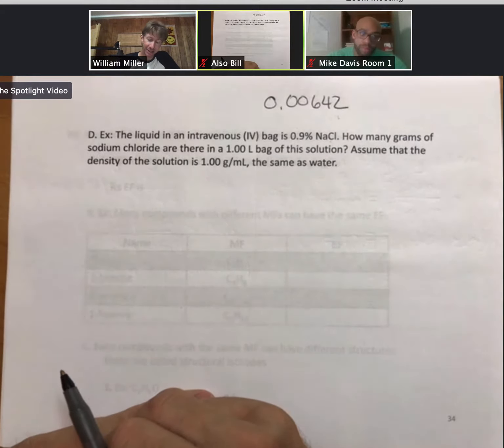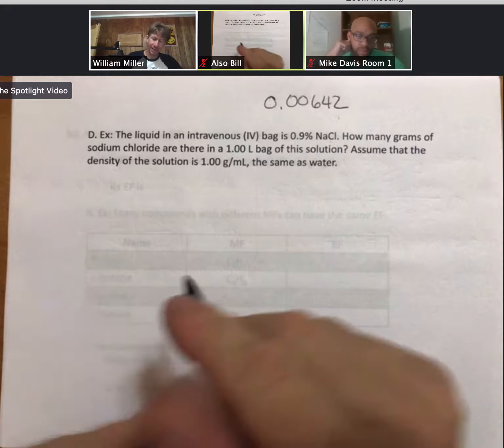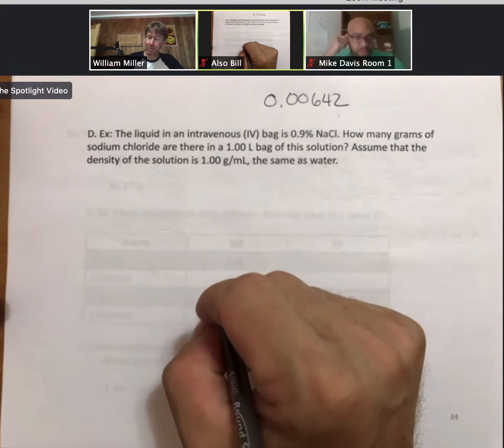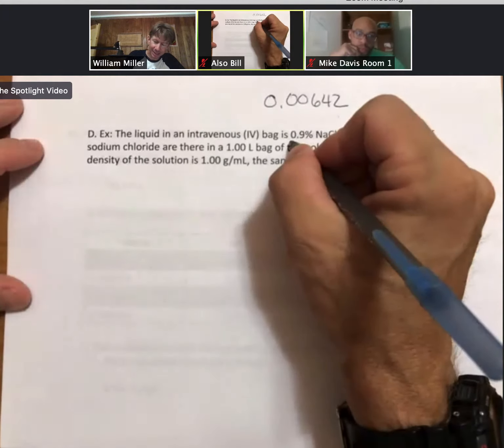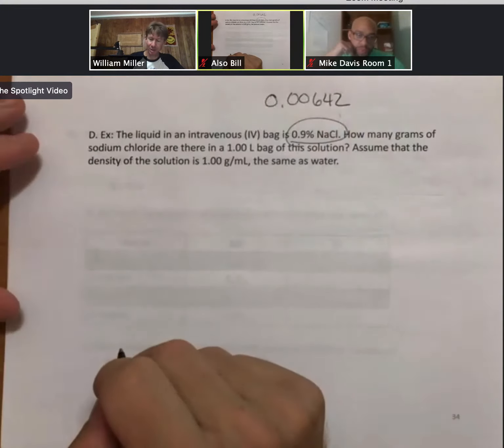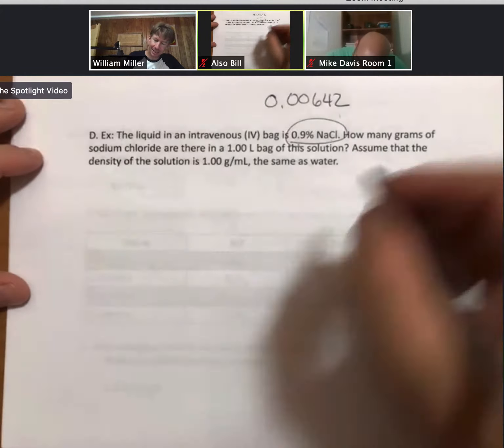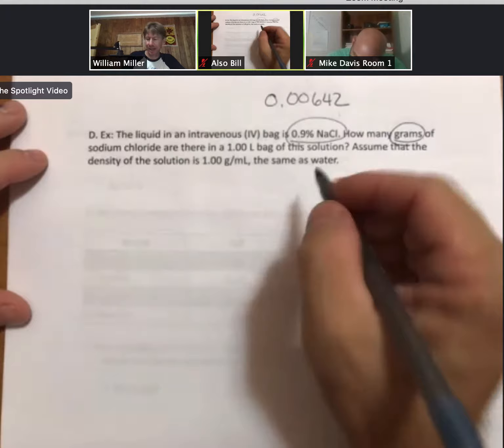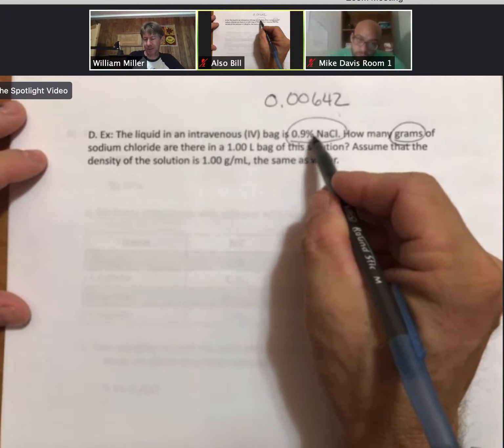So this is a percent by mass problem, and what I do when I'm stuck on a problem is I see this 0.9% sodium chloride, and I see that I'm being asked for grams of sodium chloride. So I'm going to write out the formula for percent sodium chloride.